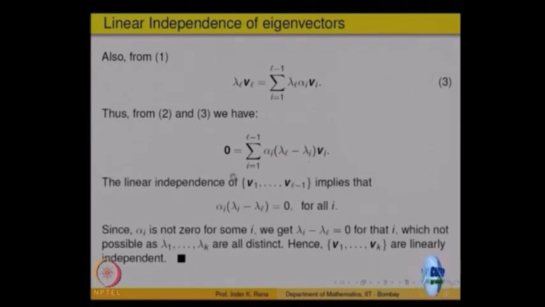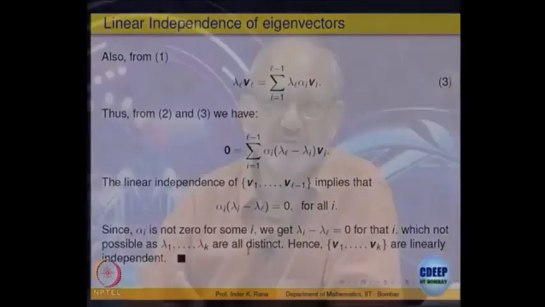By linear independence all these scalars must be 0, but for some i alpha i is not 0, so for some i lambda i must be equal to lambda L, which is a contradiction because all are given to be distinct. So the assumption that there is an L such that V1, V2, ..., V_L is linearly dependent means that such a thing does not exist. That means all of them are linearly independent.